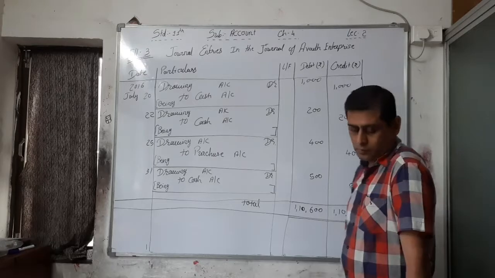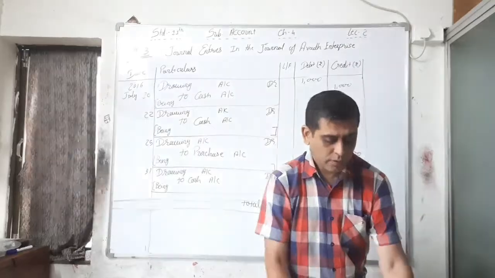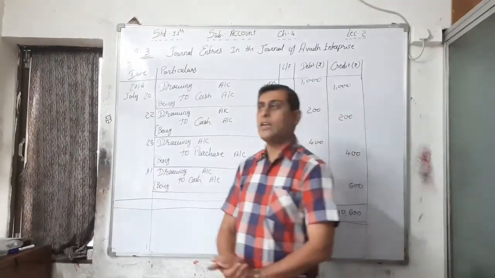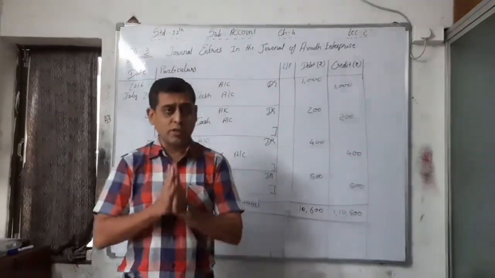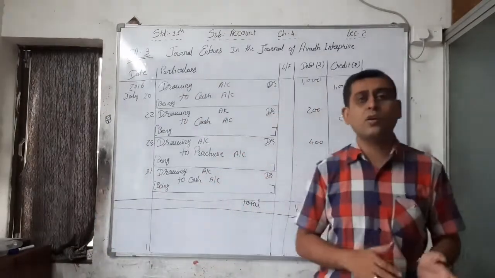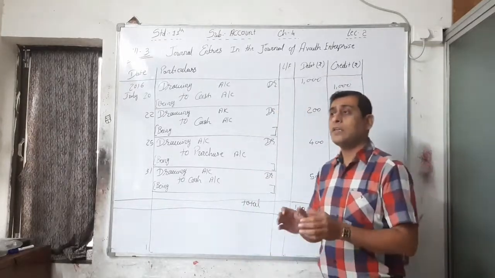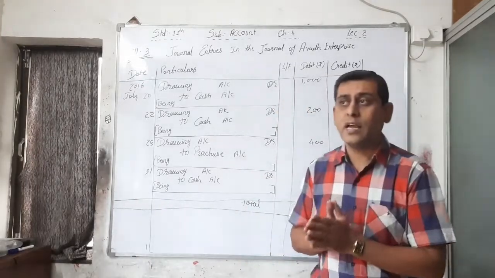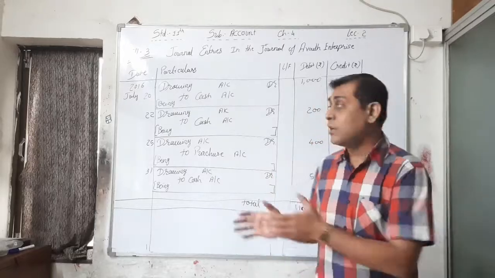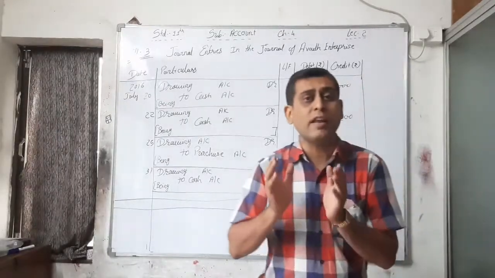See here, the transactions relating to capital and drawings only. That is, only the transactions by the owner to the business are given here. See, in your final exam, in your test, they will not ask only transactions regarding capital or drawings.